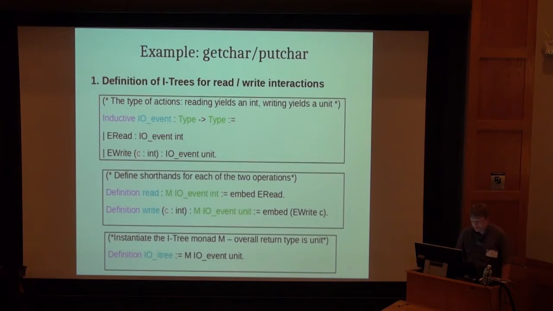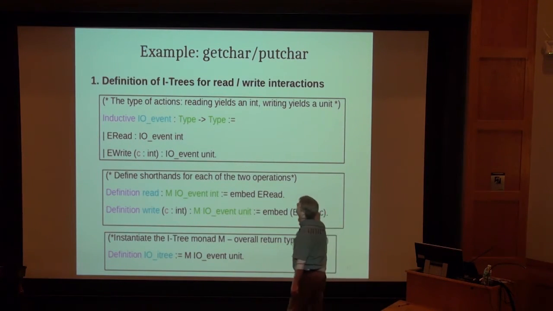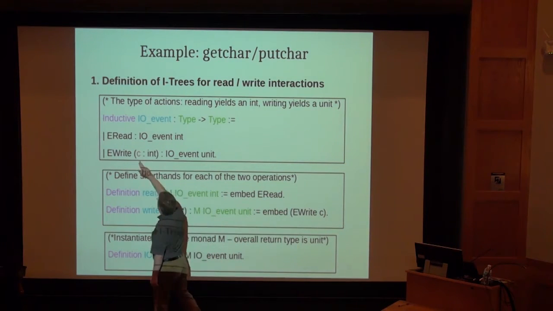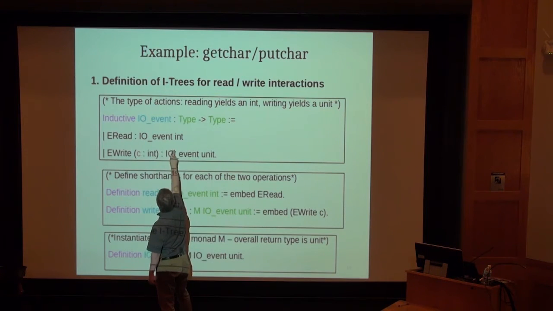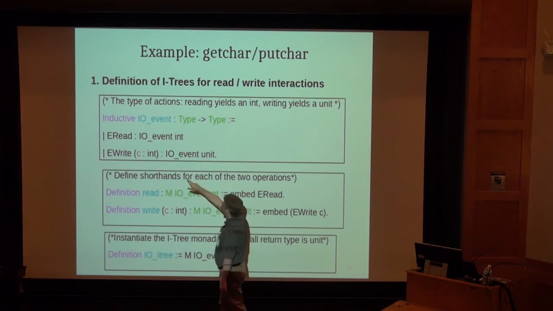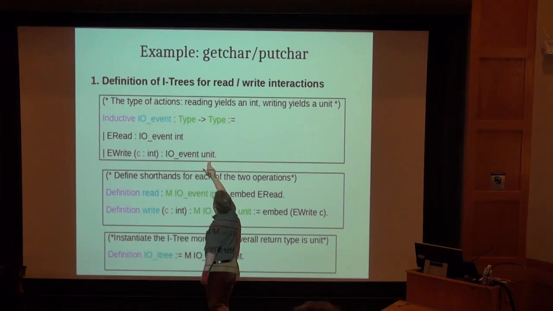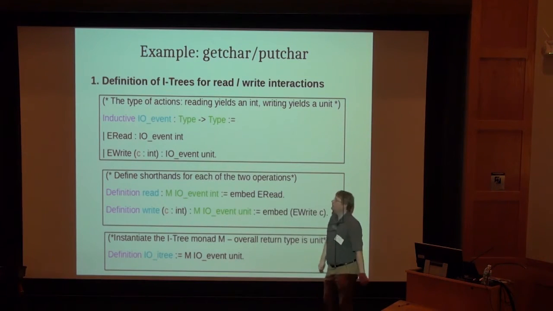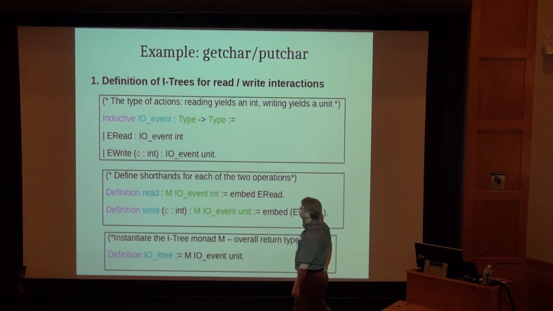So here is a simple I-tree that just allows us to do simple I/O. So we have two actions, reading and writing. Reading just returns immediately and gives us back an integer, and writing takes an integer, does an interaction, and then doesn't return us a return value. So the type there is unit.